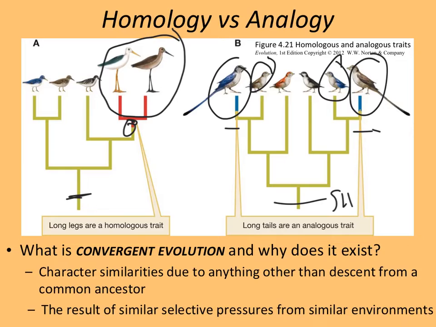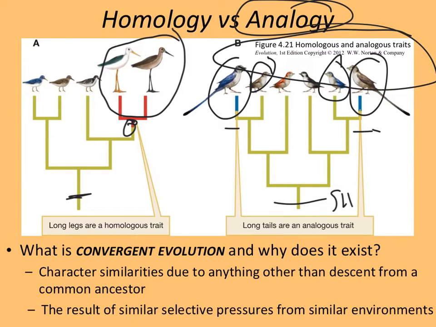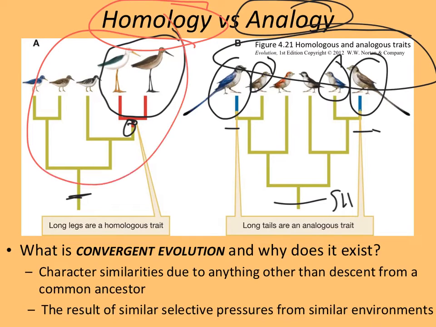They actually shared it because it originated for the same purpose and for the same reasons, but independently. So that means analogy. This is analogy. Homology. Okay? So there's a difference. In fact, in this case, you'd say the long tails are actually misleading in terms of the relationships between different species.